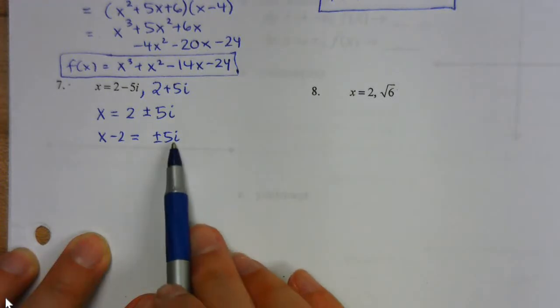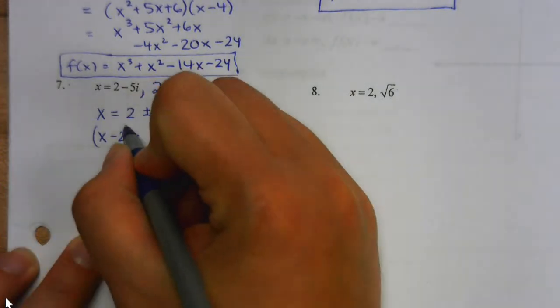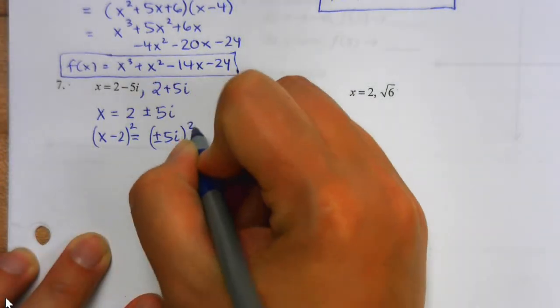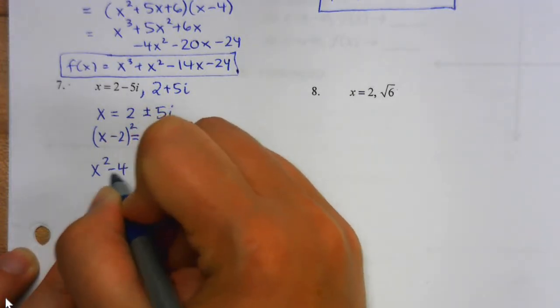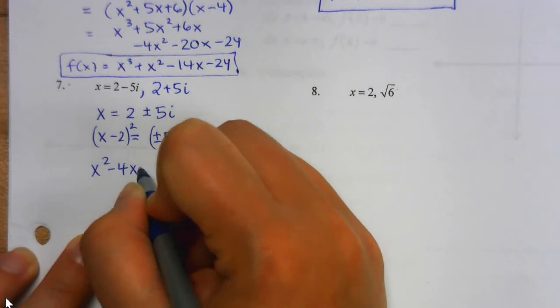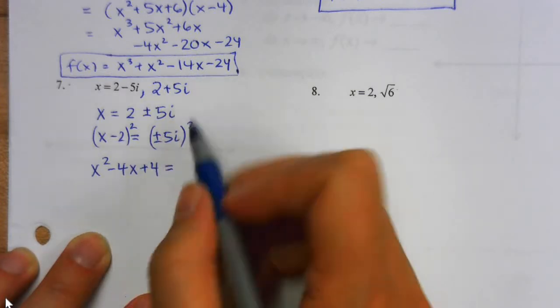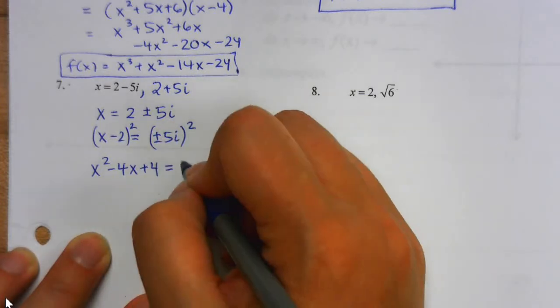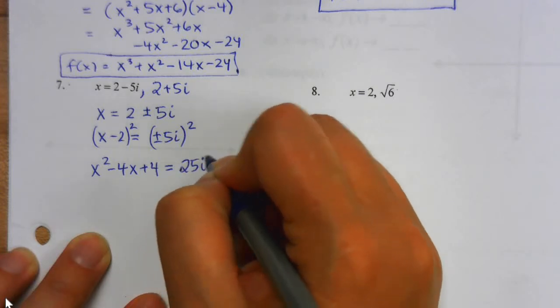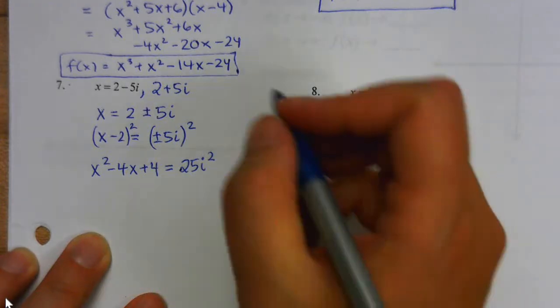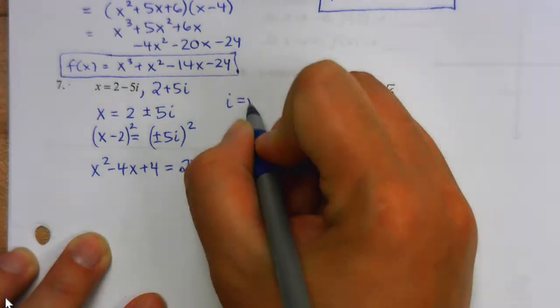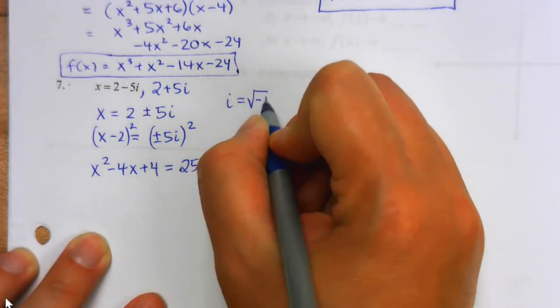To get rid of i, we're going to square it. Square this side, we're going to square this side. Again, when I multiply this out, I get the same answer I did in the last one. So I have x squared minus 4x plus 4 again. When I multiply out this side, I get 25i squared. But we know that i squared is equal to negative 1. So i, remember, is the square root of negative 1.